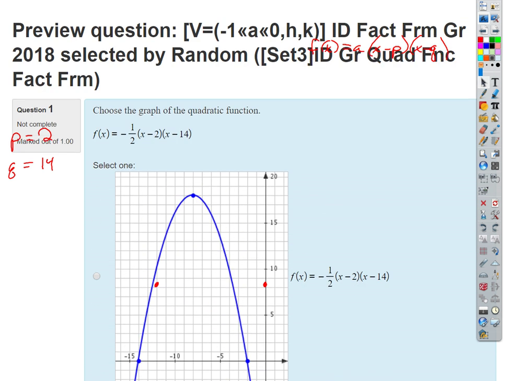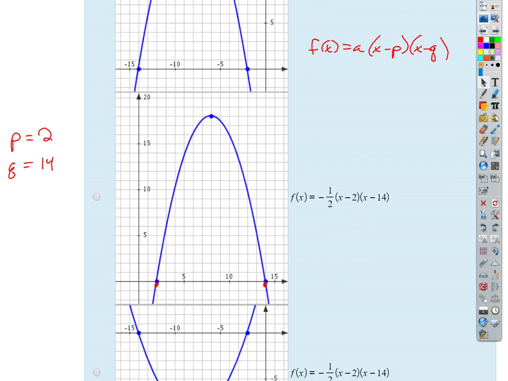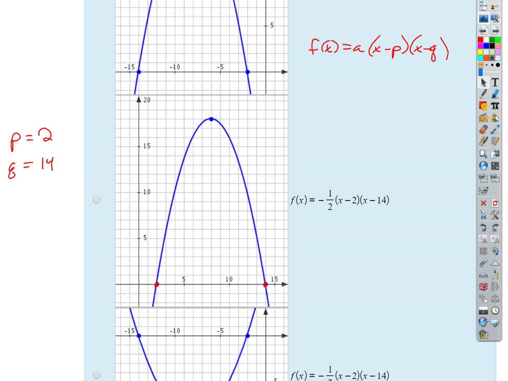So what's the value of h? Now, if I know that the x-intercepts are at 2 and 14, what's that tell you about where h has to be, the x-coordinate of the vertex? It's got to be in the middle, right? Because of symmetry. So it's got to be halfway in between.